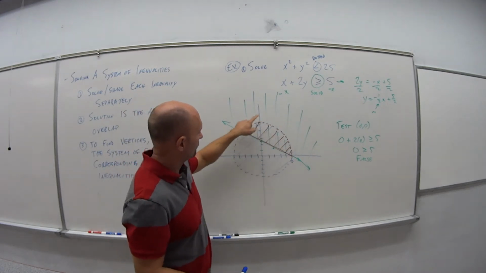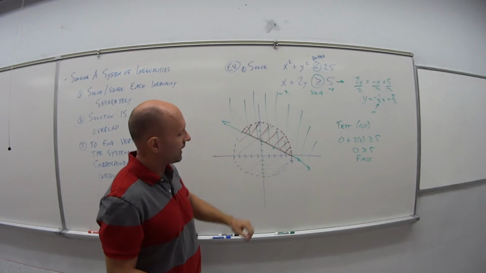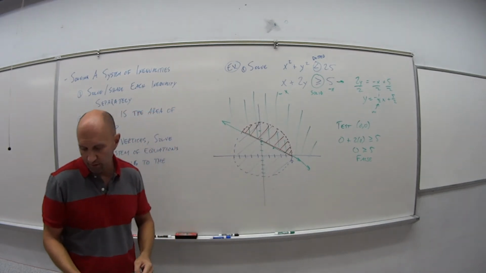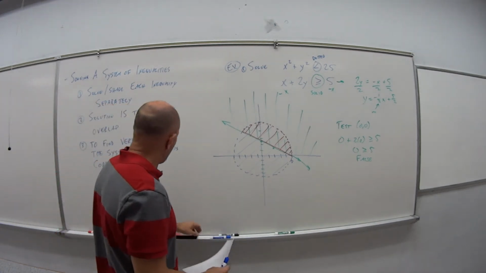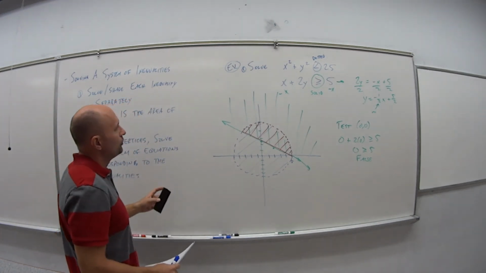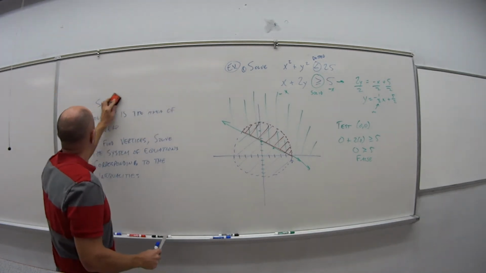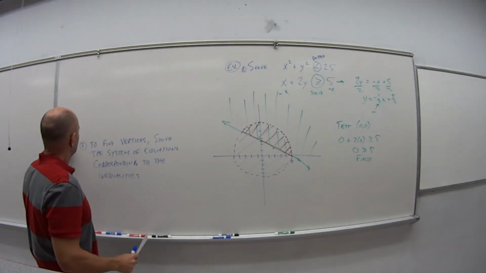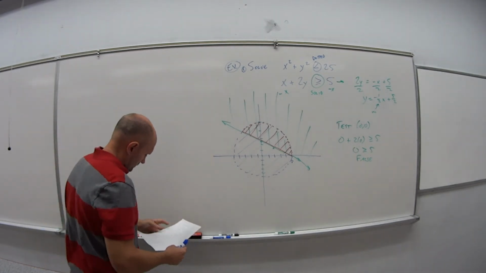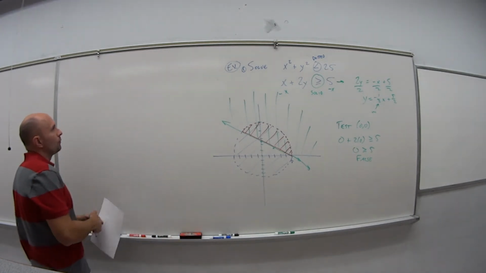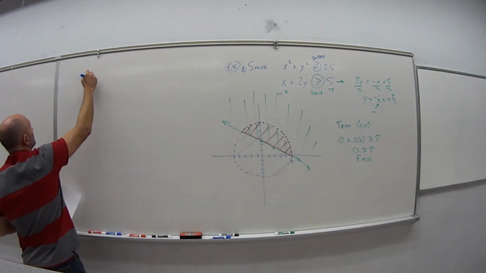It's this part of the circle with the line is solid, dashed around the outside, all the shading to the inside. So let's call that part 1. Part 2, so I'm going to erase the writing here so I can keep the problem on the board. So part 2 says, find the vertices.